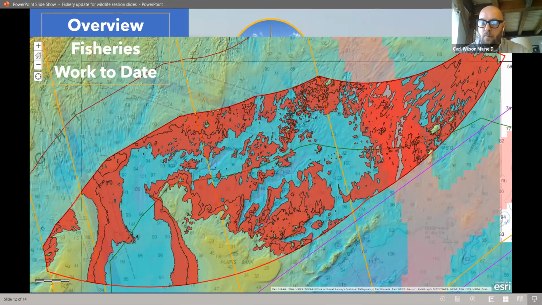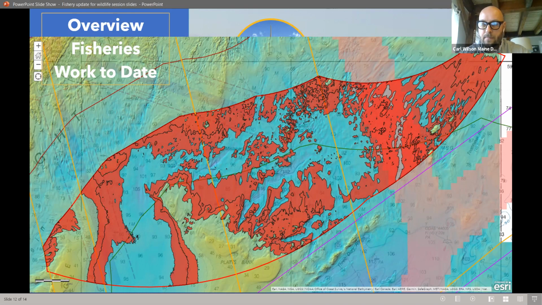And so what we envision is a way to quantify the publicly available data as well as our interview-based data to form a composite map that would give you the yellow, orange, red conflict areas where we see for siting.